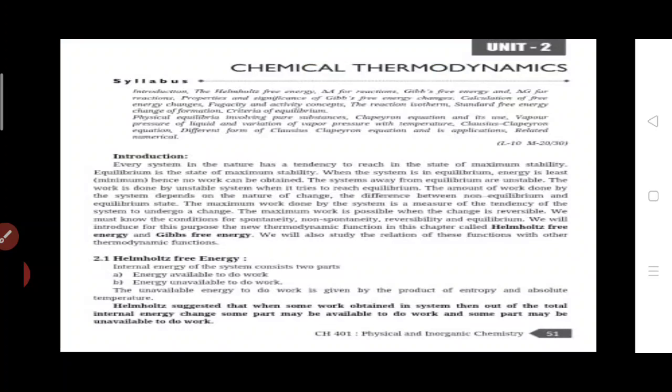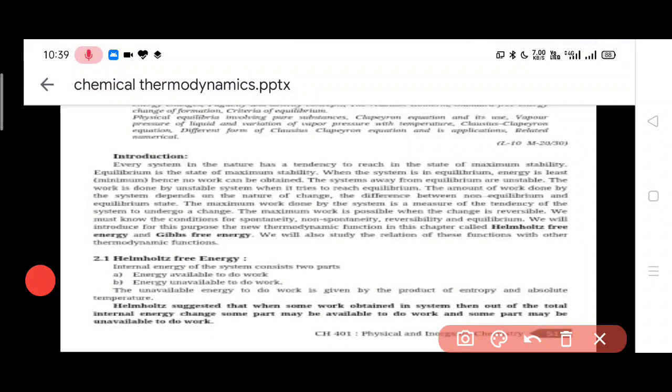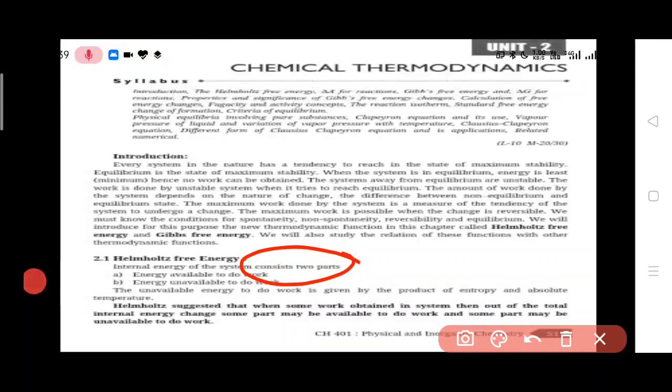Helmholtz free energy, we have derived the equation by considering the fact that the internal energy of a system consists of two parts. First part is energy available to do work, and second part is energy unavailable to do work.